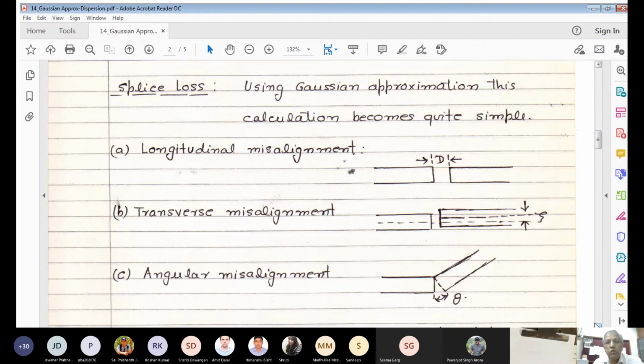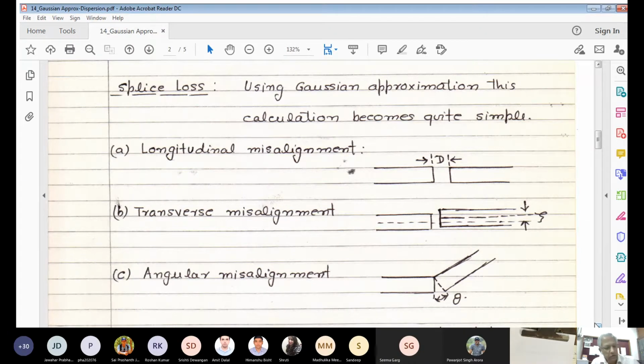The ideal situation would be that the two fibers are joined in such a way that there is no misalignment between them. They are 100% aligned. But in practice, you can have these types of misalignments. You can have a longitudinal misalignment, where there is some small gap between the two ends of the fiber when you splice, or a transverse misalignment, or an angular misalignment.